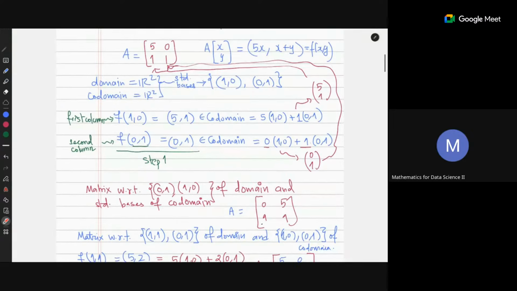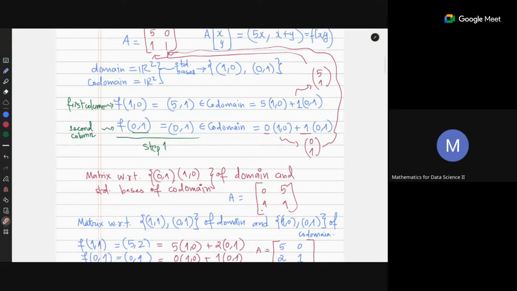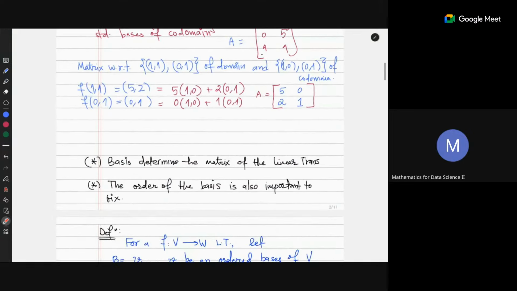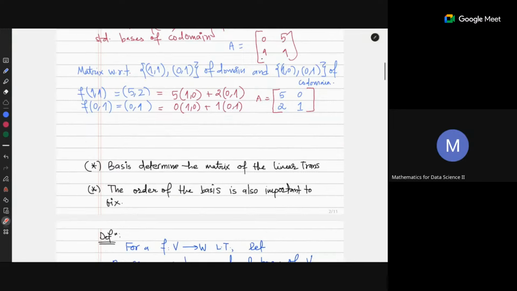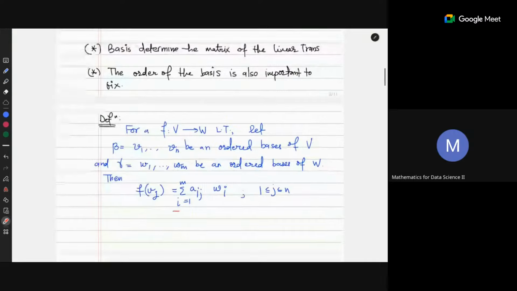So it depends on the ordered basis of the domain and of the codomain. These are the two key takeaways from this discussion. The third takeaway is that you can generalize whatever we have discussed to any vector space. So let's do that.